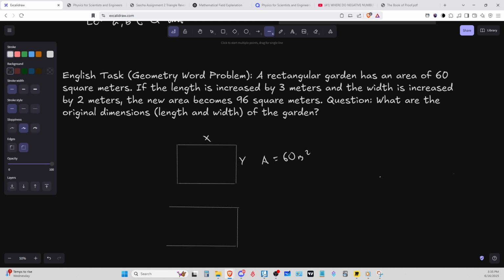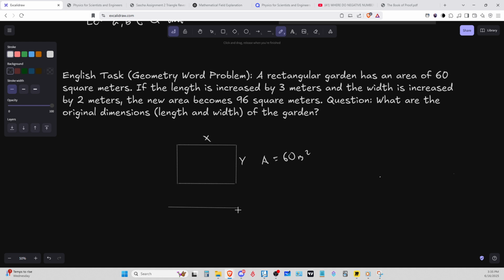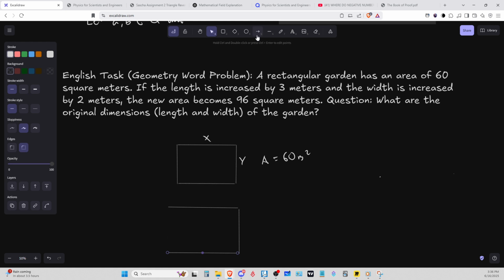I know this one doesn't look like it's just as big. So we'll erase that, because I want this to actually look bigger. So make it a little bit bigger so that it looks suitable for our problem here.